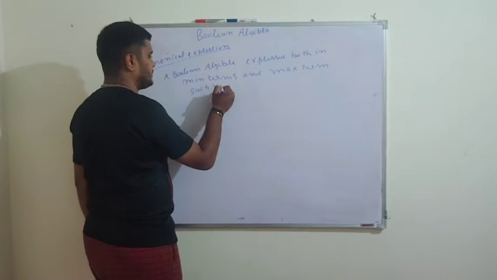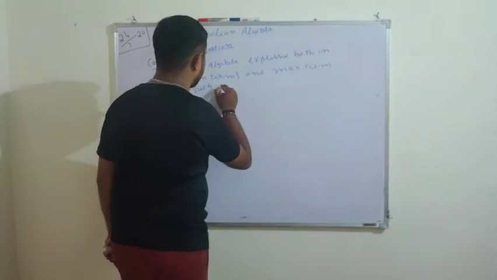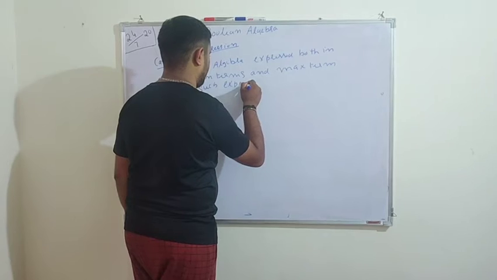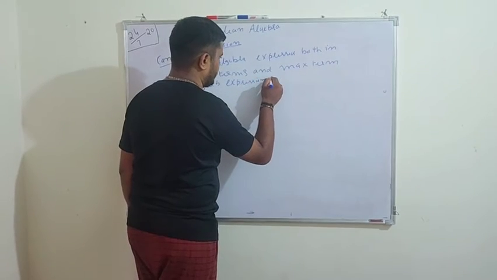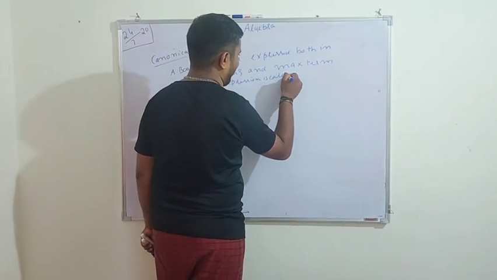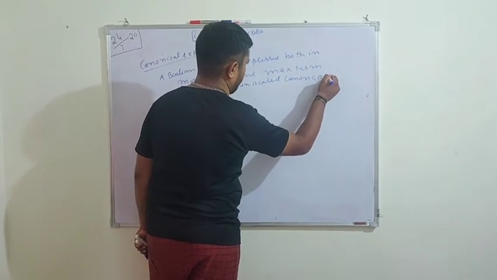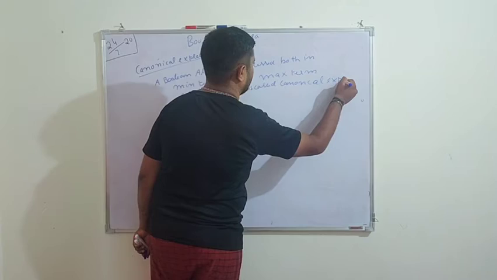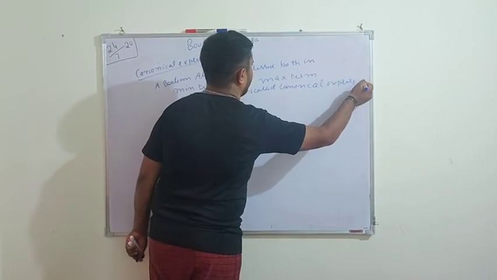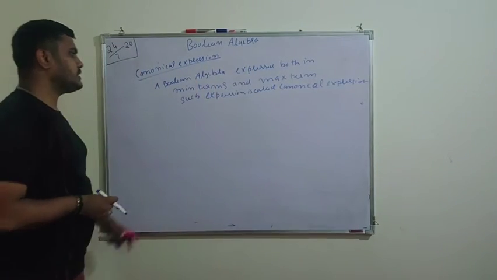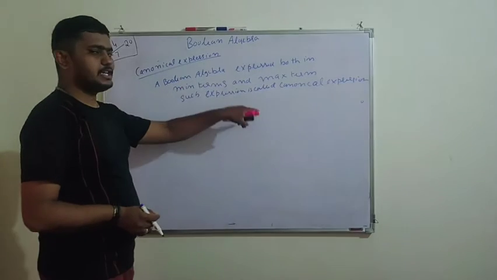Such expressions are called canonical expressions. So a Boolean expression which is expressed in terms of both min term and max term.